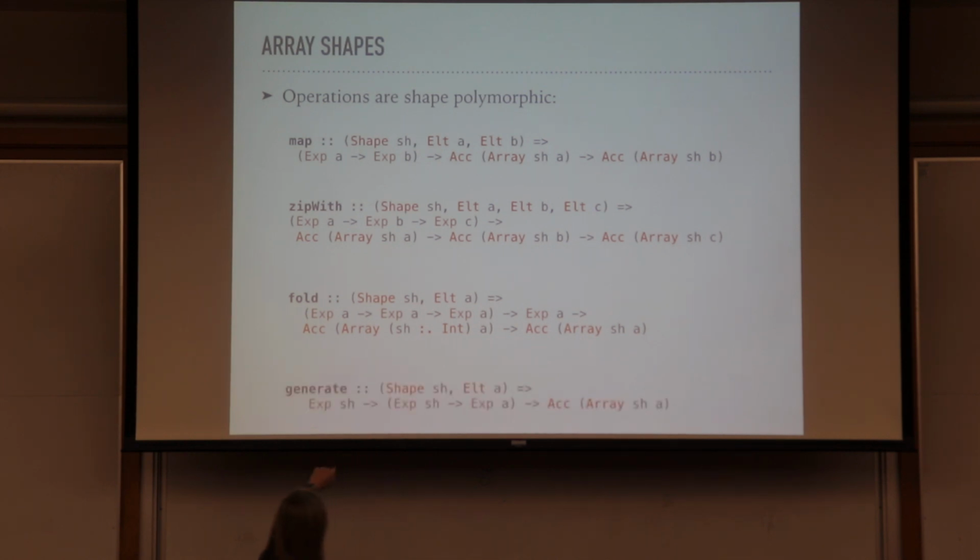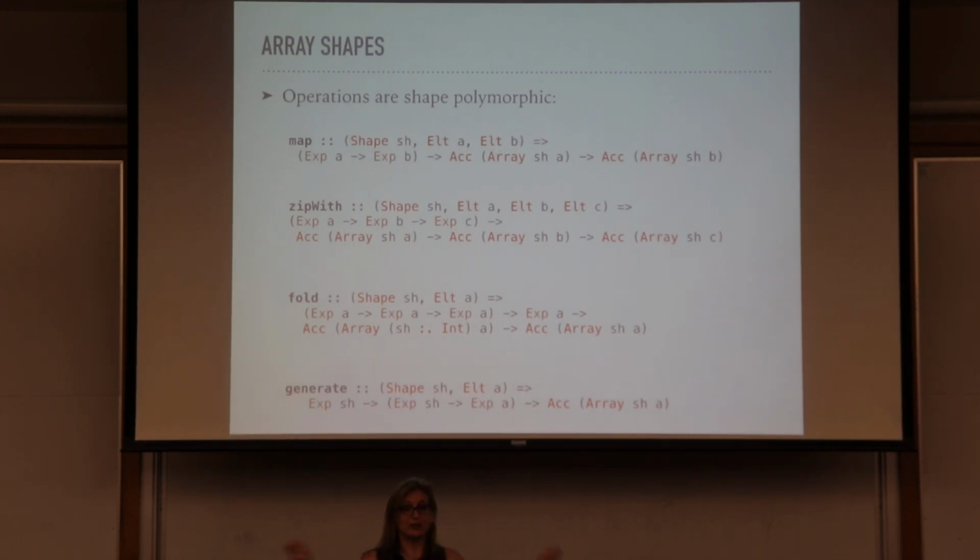And then there's one function which is fairly powerful and pretty useful: the function generate, which gets a shape as an input, and a function that, given an index, something of that shape, returns a result. And then it initializes an array of shape sh by applying this function to every index.